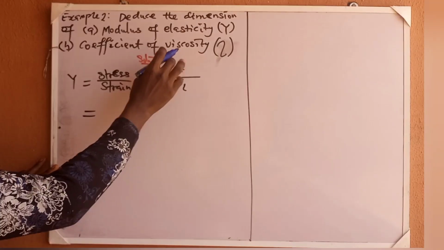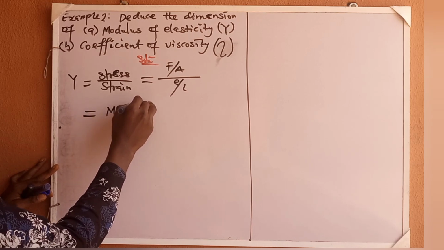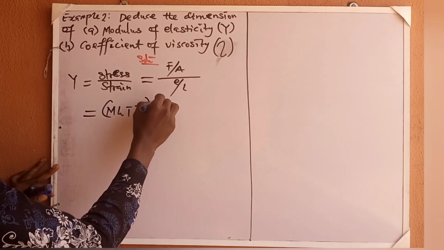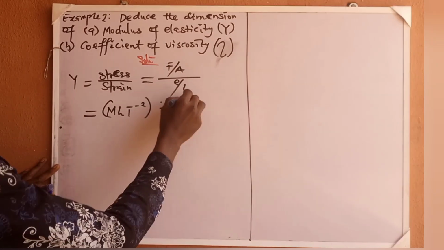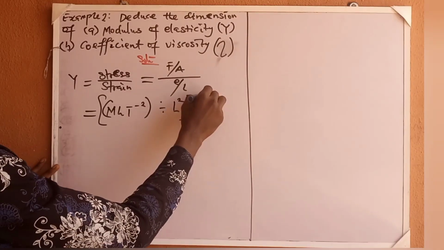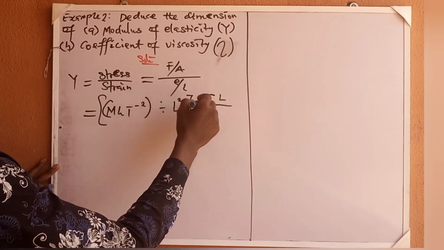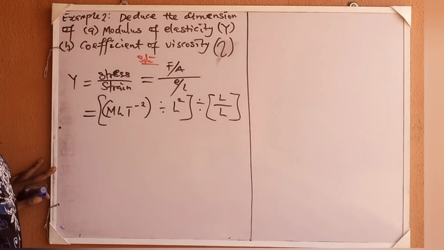So this will be the dimension of force. We have gotten mLT to the minus 2 for force, right? Then divided by the dimension of area, which is L squared. Then everything divided by extension over length. The dimension of extension is L, the dimension of length is L. So we have L over L here, which will give us 1.